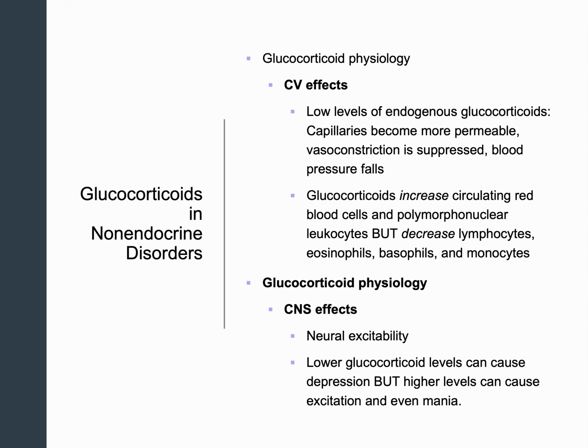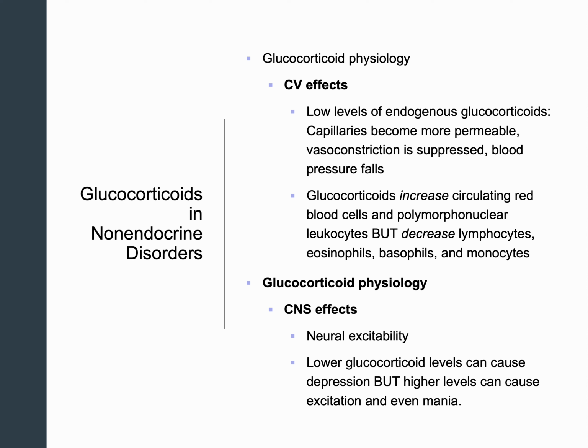They also have a pretty interesting effect on our blood cells directly. They can increase the number of circulating RBCs and neutrophils. To contrast this, though, decreased counts of lymphocytes, eosinophils, basophils, and monocytes can be found due to glucocorticoids.